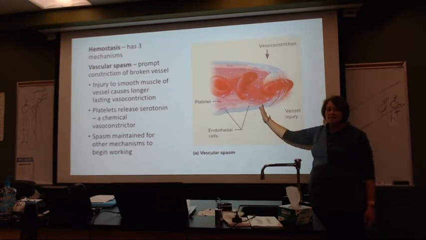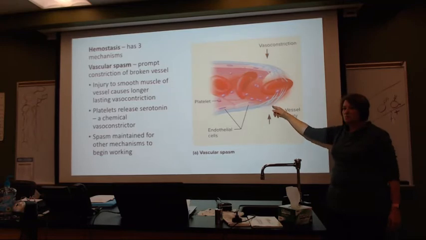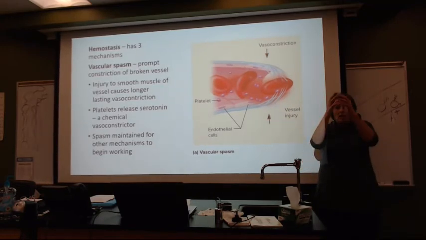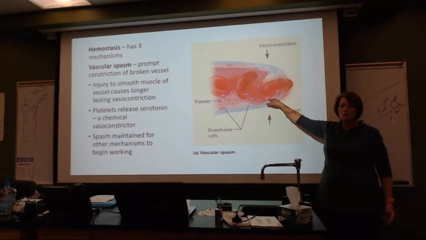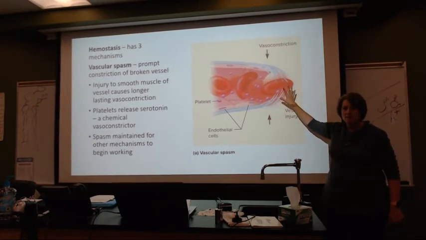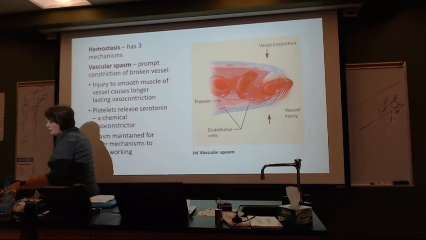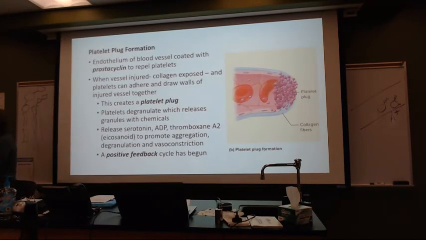The spasm that occurs, that vessel breaks and it goes, ugh. Its goal, try to maintain my blood flow, keeping it in the body, in the vessels, until the other two mechanisms can work.